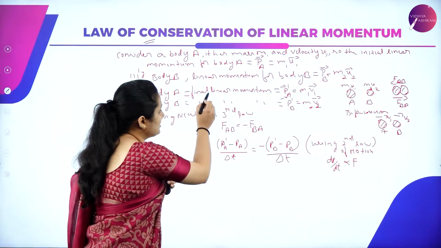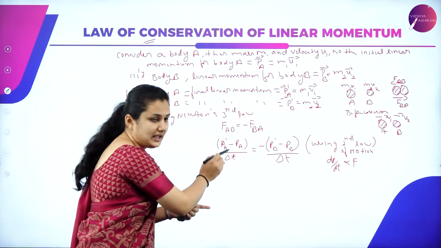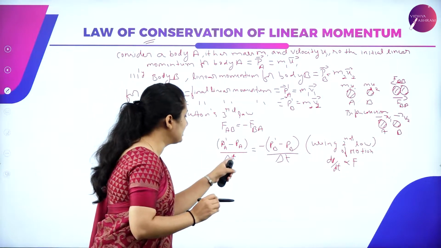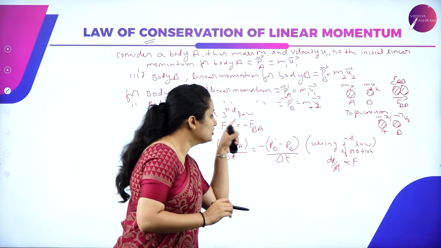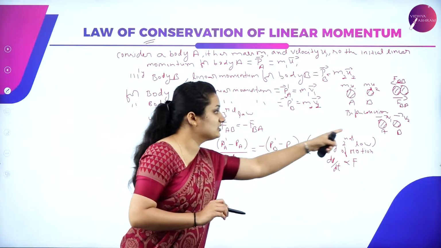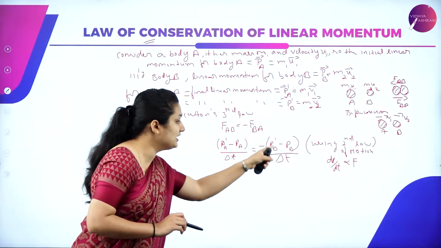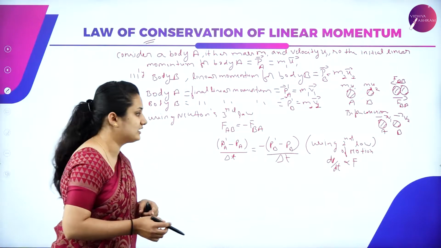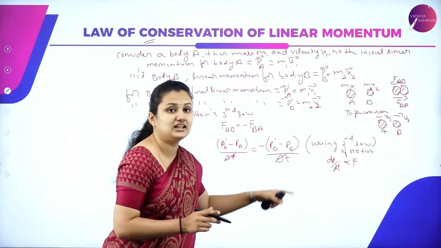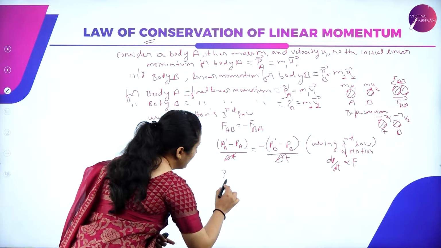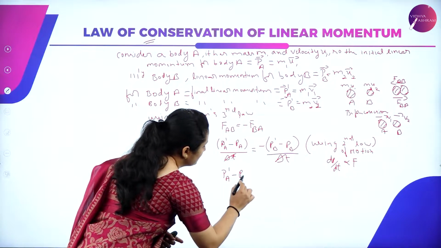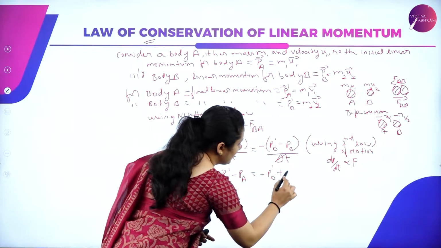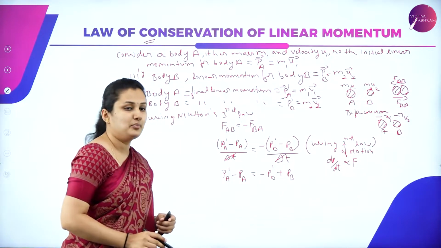So, what is this? The change in momentum of body A, final minus initial, divided by time taken, is equal to minus the change in momentum of body B, final minus initial, divided by delta T. Delta T gets cancelled. What is remaining? PA dash minus PA is equal to minus (PB dash minus PB).